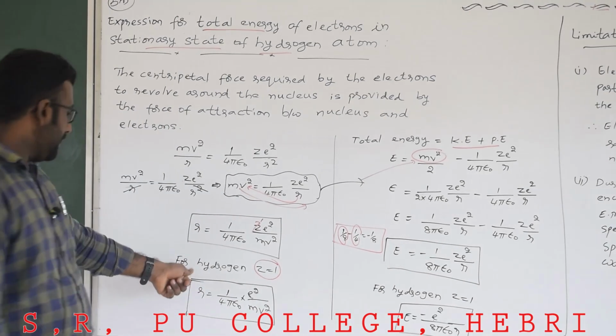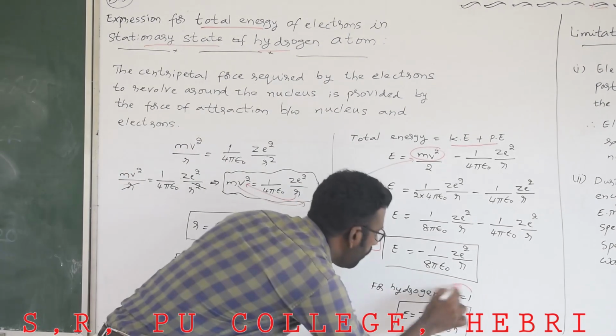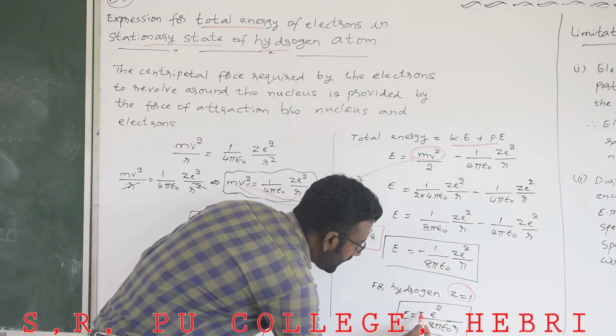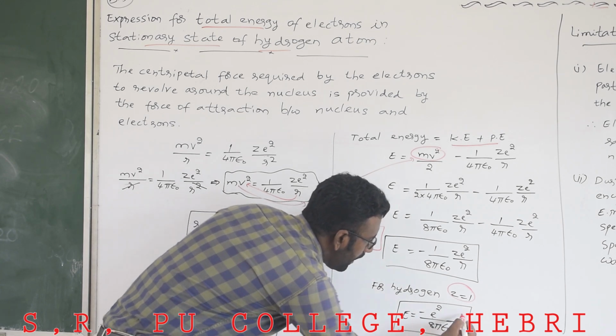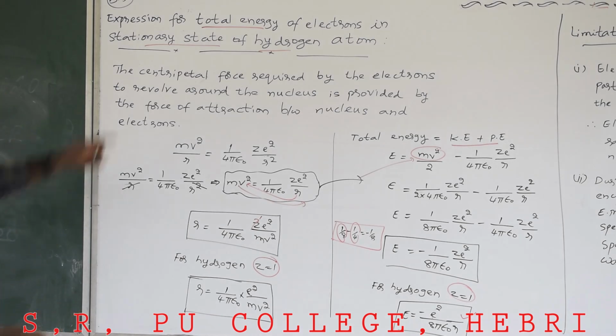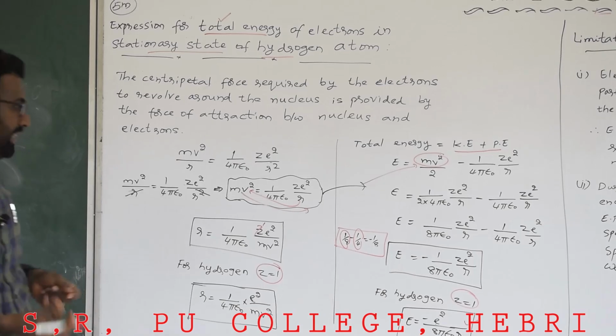Whatever we have done here, the same thing we will substitute for hydrogen. Z is equal to 1. You get this equation: E is equal to minus e square divided by 8 pi epsilon naught r. So this is an important equation. You have to remember it. It will be asked for 5 marks and moreover chances.